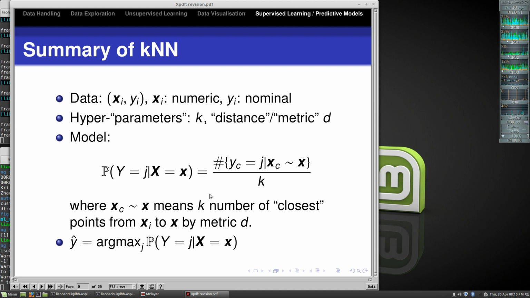In the situation where, let's say, k equals 2, and it's class 1 and class 2, there is something like an undecided situation.